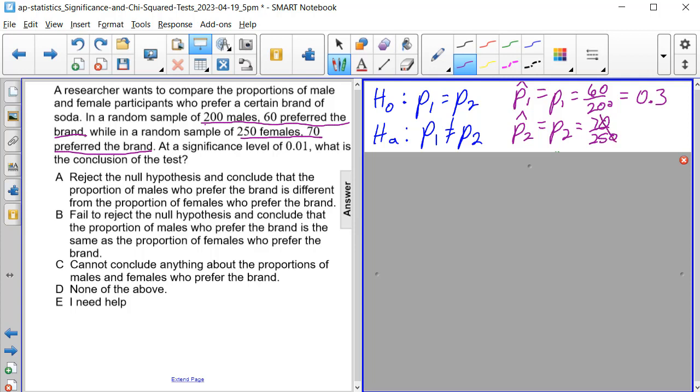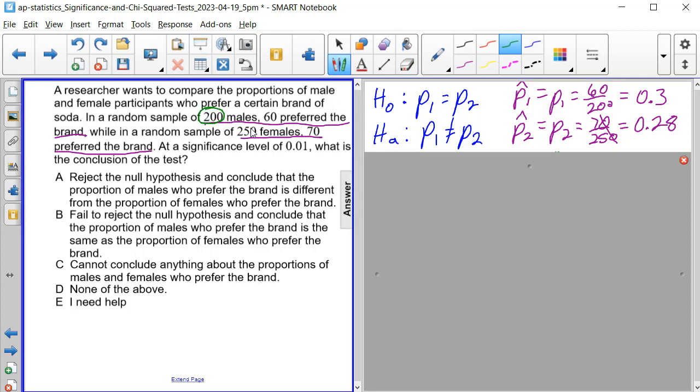We can divide both the numerator and denominator by 10 to cross out the last set of zeros. Now we have 7/25ths, which is equivalent to 28 hundredths, so that will produce 28 hundredths as the decimal. We also know our n values. So n1 is 200 and n2 is 250.